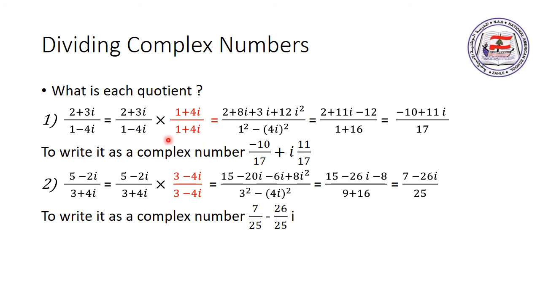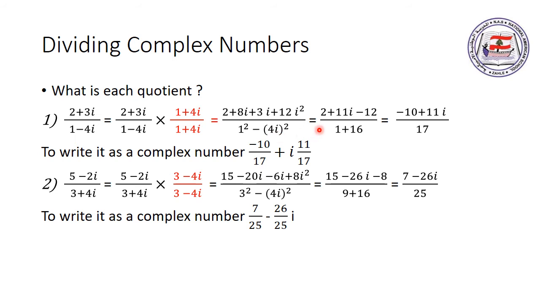So as you see in example 1, the denominator is in the form 1 minus 4i. Its conjugate is 1 plus 4i. So we multiply and divide this quotient by 1 plus 4i. And after reducing the obtained expressions, we will get a number in the form of a plus ib. So in example 1, after multiplying and dividing by 1 plus 4i, we get 2 plus 8i plus 3i plus 12i squared over 1 square minus 4i squared.